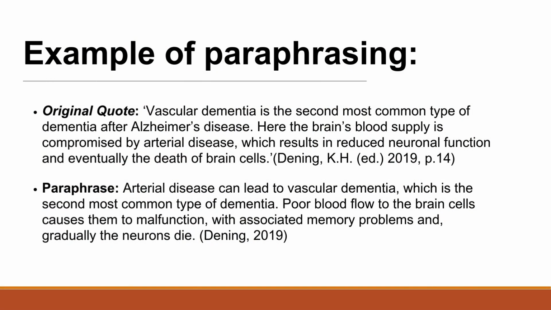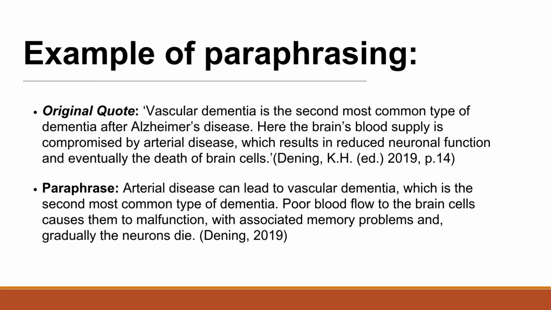An example of paraphrasing. The original quote was, "Vascular dementia is the second most common type of dementia after Alzheimer's disease. Here, the brain's blood supply is compromised by arterial disease, which results in reduced neuronal function and eventually the death of brain cells."